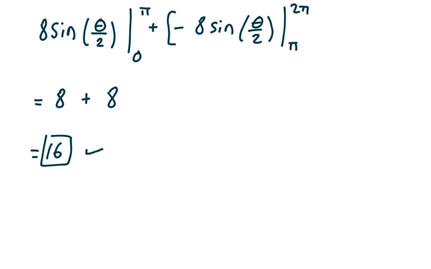Now, let's explain something here. Let's draw a picture. Here's x, here's y, and we're going to look at the graph of y equals cosine x.